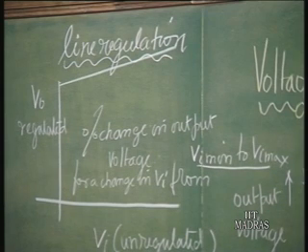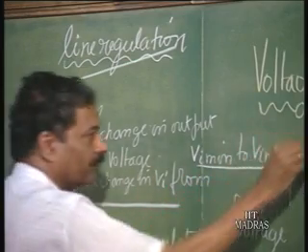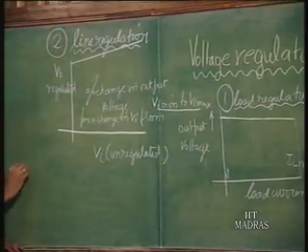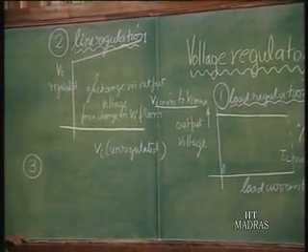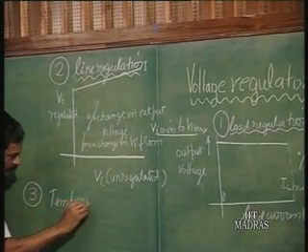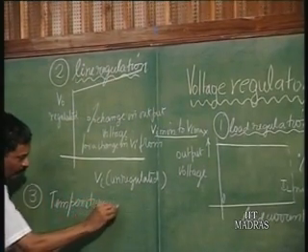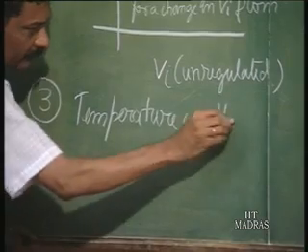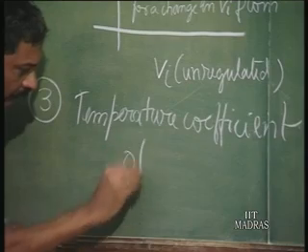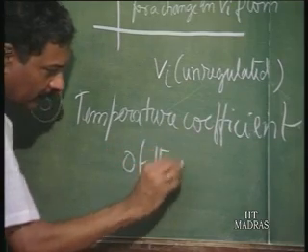Load regulation, line regulation. Then, we will put this as number 1, number 2, number 3 is temperature coefficient of the output voltage.